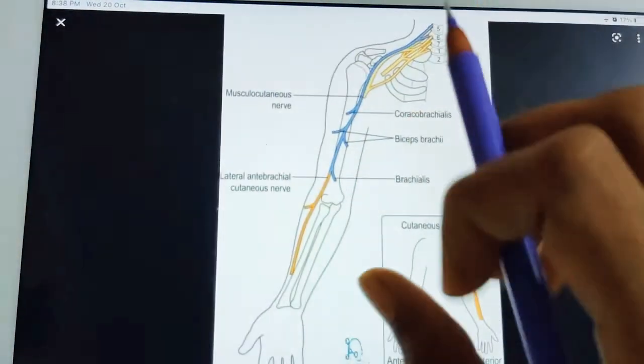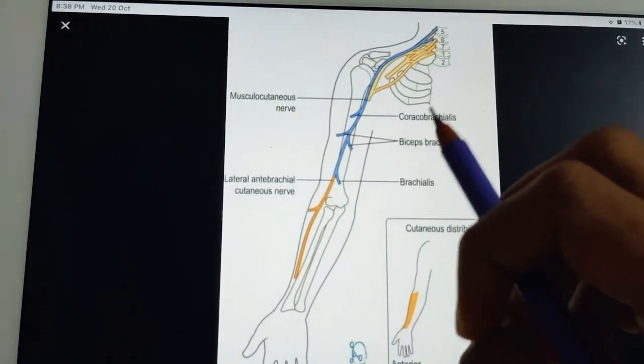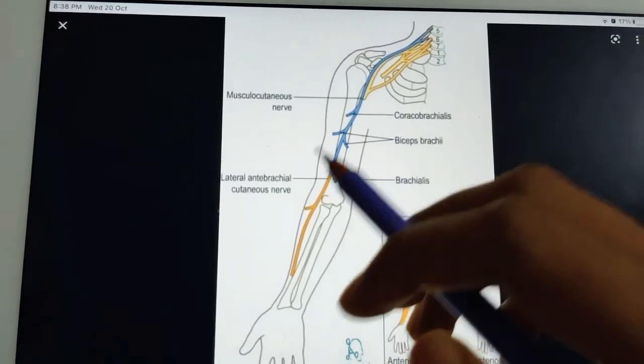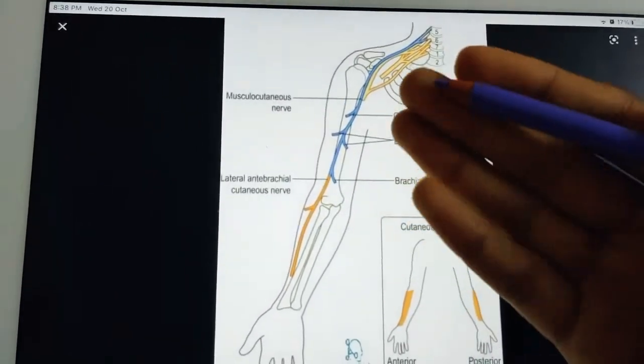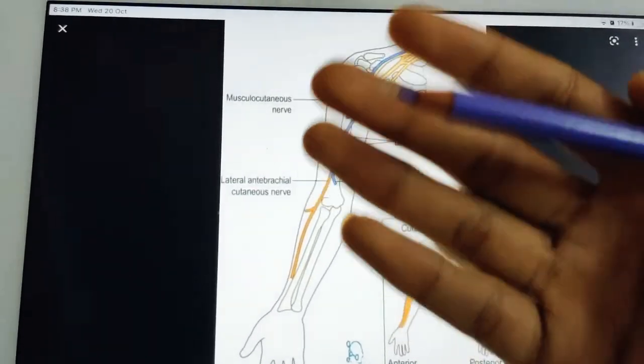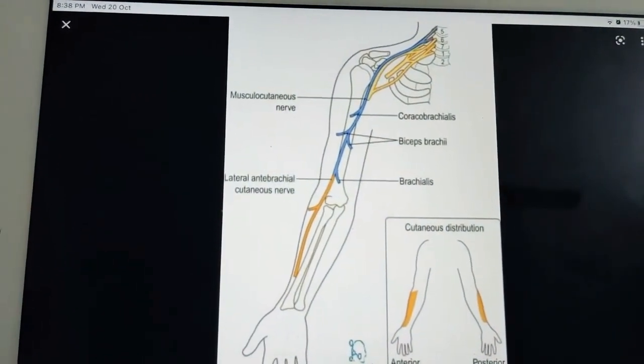So what are its relations, right? In the lower part of the axilla, it is accompanied by the third part of the axillary artery and has the following relations. Anteriorly, of course, you can imagine it has pectoralis major. Posteriorly, it will have the subscapularis, right?